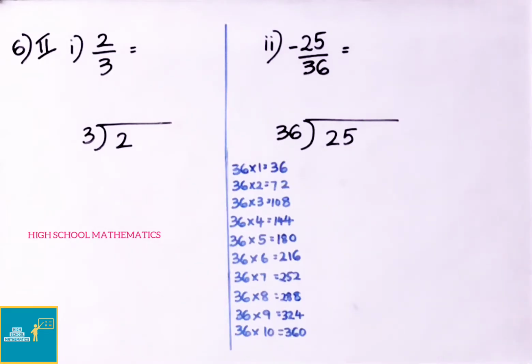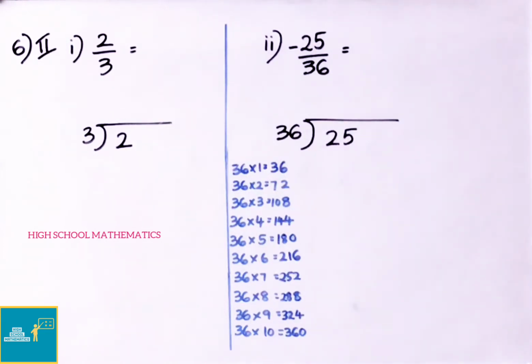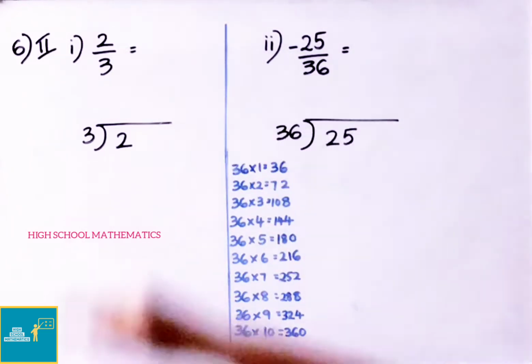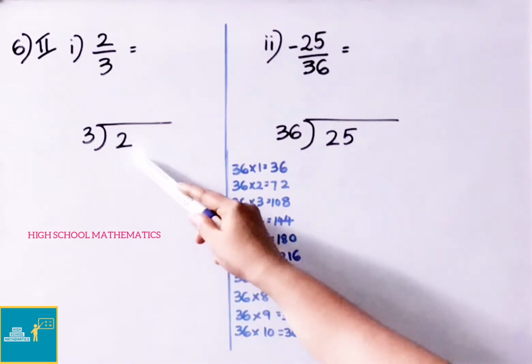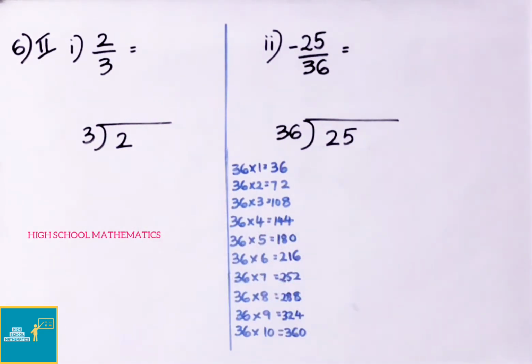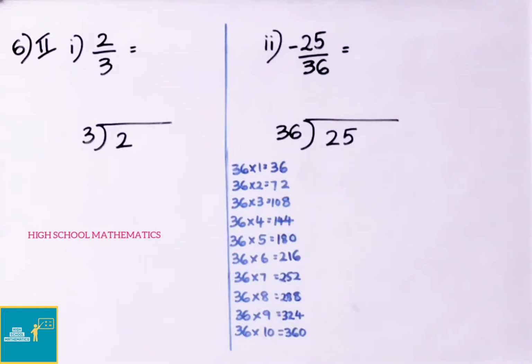Now sixth question, second Roman numeral, first sum: 2 by 3. We have to convert this rational number into decimal form. So we divide 2 by 3. Here 2 is less than 3, so we can't do the division.